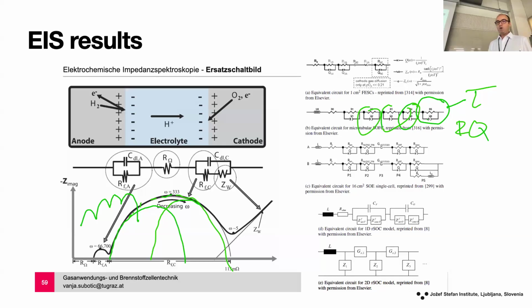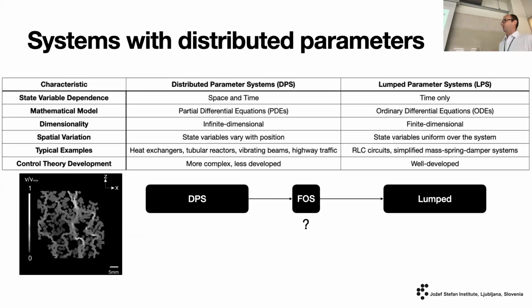Let's see what the problem is with this fractional order. Where does it come from? In system theory, these systems are called systems with distributed parameters. It is a mouthful, but what does it say? In terms of dimensionality, these systems are infinite dimensional. What does this mean in a practical sense?